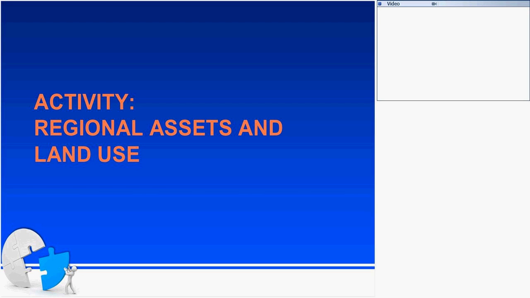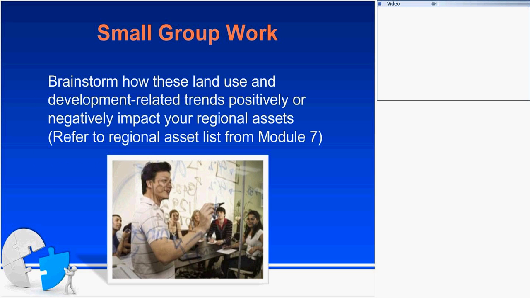So this recalls that previous discussion and then makes the land use link. So basically this exercise asks the group to recall the exercise that you talked about previously, and as the instructor, you may need to have the list of those assets that you had discussed on hand.